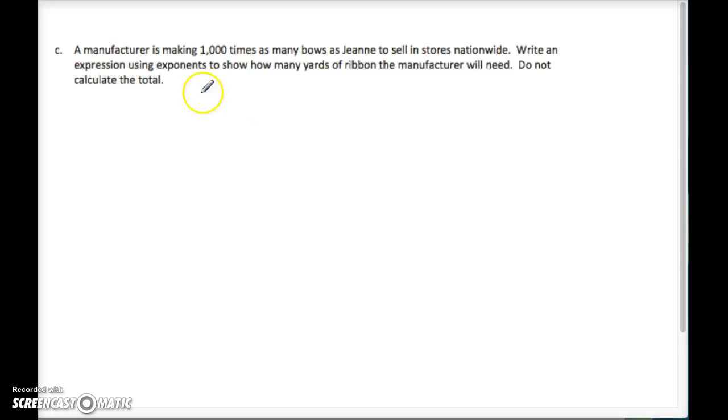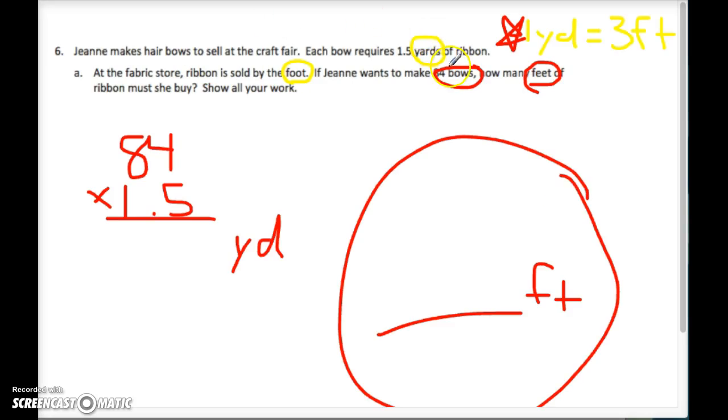Let's look at problem C. Manufacturer is making 1,000 times as many bows as Jan to sell in stores nationwide. Okay, so I'm going to take this as many bows as Jan, and I'm going to go back to this part of the question. Jan is making 84 bows.